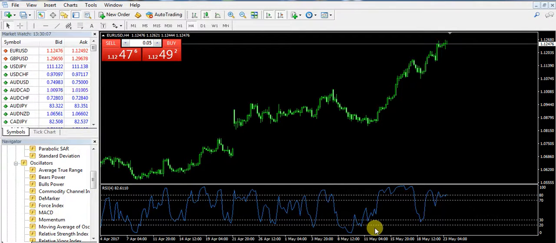There isn't a lot of momentum in that period of trading on this instrument. When it extends above the 70 and 80%, we know that there's a lot of momentum, there's a lot of trading happening, and that the trend strength is quite high.